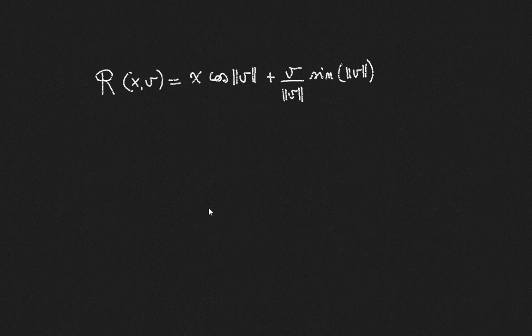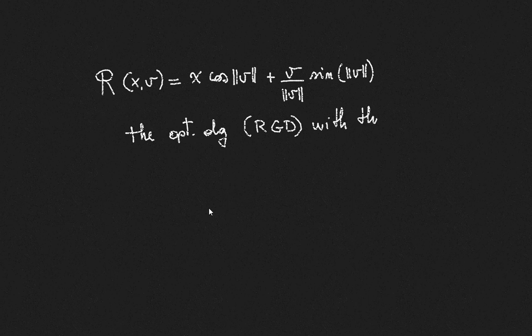So what happens when you change the retraction? The optimization algorithm, so the Riemannian gradient descent, with this retraction is surprisingly slightly faster.